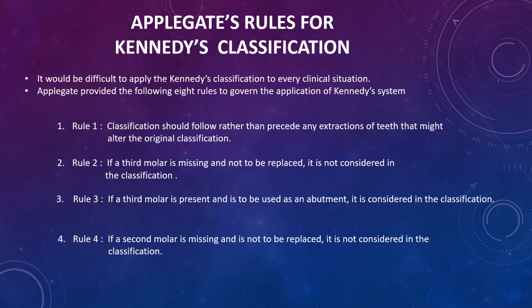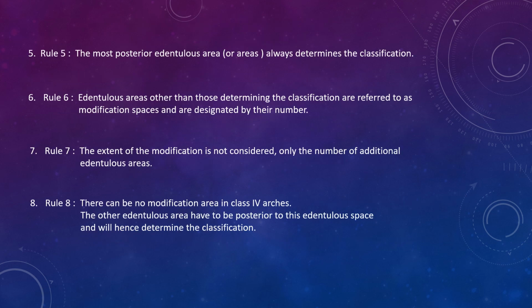Rule number 4. If a second molar is missing and is not to be replaced, it is not considered in the classification. Rule number 5. The most posterior edentulous area or areas always determines the classification. That means the most posterior area determines the classification.